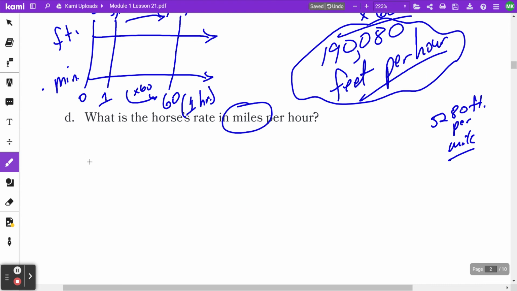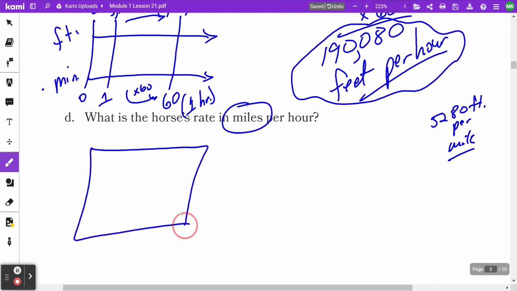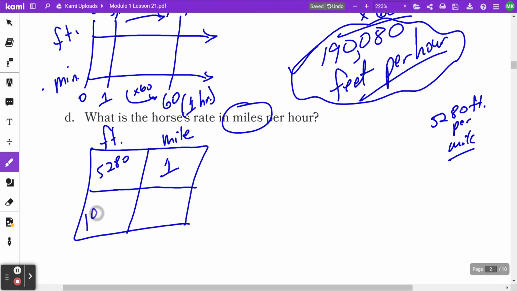Watch this. Okay, so ratio chart, straight conversion, right? So I need to go from feet to mile. My conversion is 5,280 feet in 1 mile. Well, if I have all these feet, there they are, 190,080.